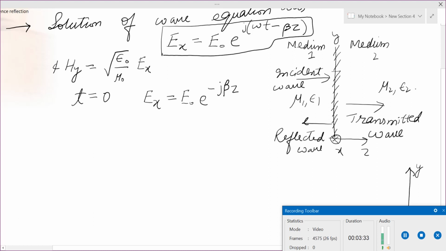Now, what is the effect of reflection, and the effect of the incident wave getting passed through? You see this z, we are writing z because this wave gets propagated in the direction of z. What will be the reflected wave component?